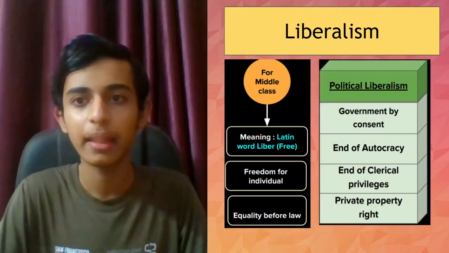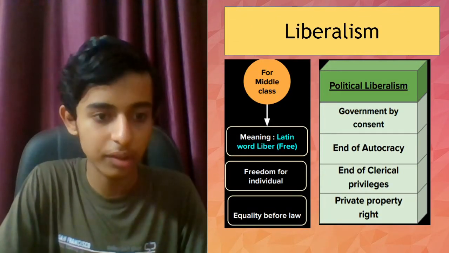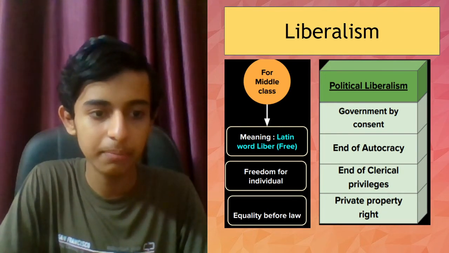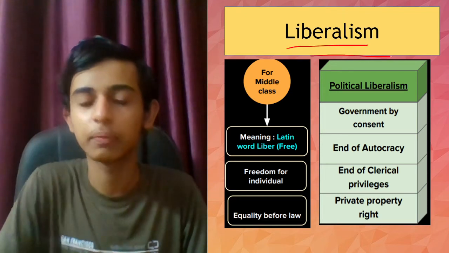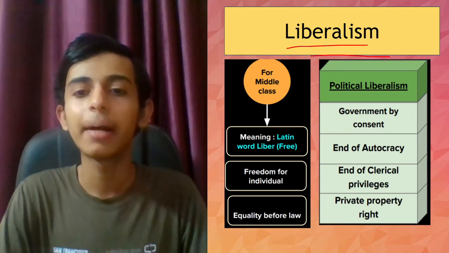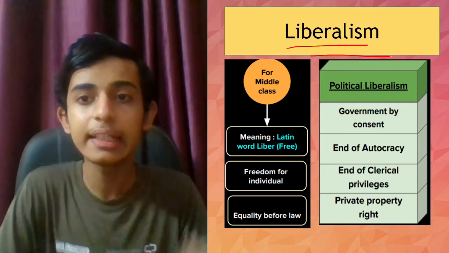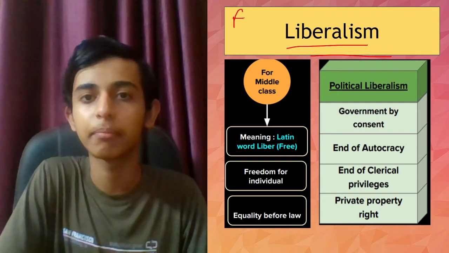Okay, now moving on to liberalism. This is an ideology. As I talked about nationalism, liberalism is also connected to it. By the name only you are able to see that it is somewhere related to freedom.